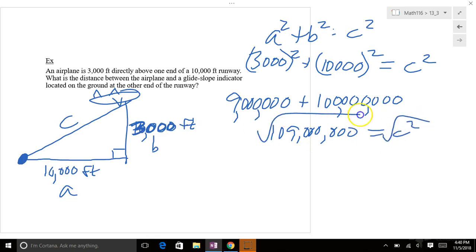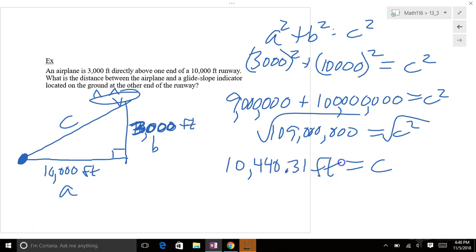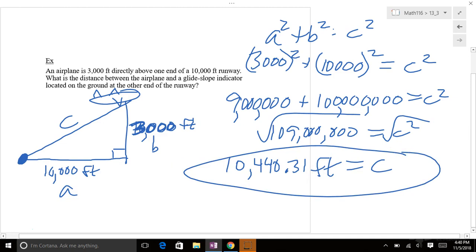And then we square root that. 10,440.31 is how many feet away the airplane is from the glide slope indicator right there.